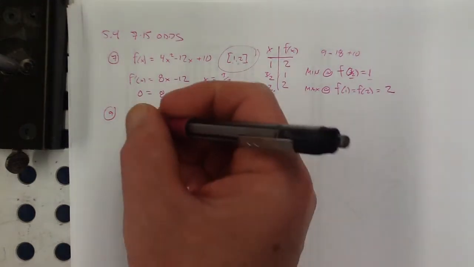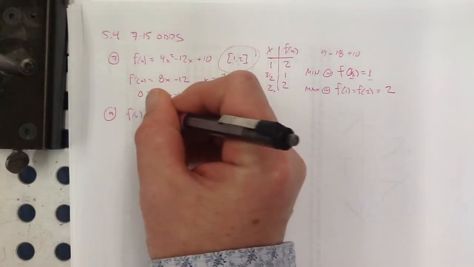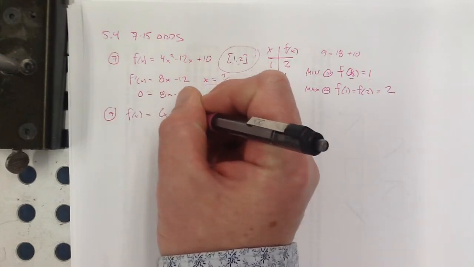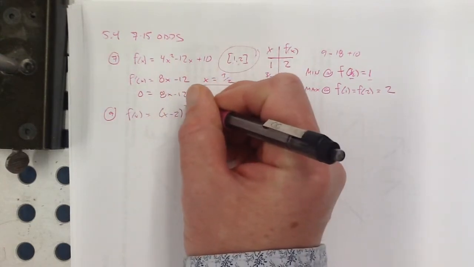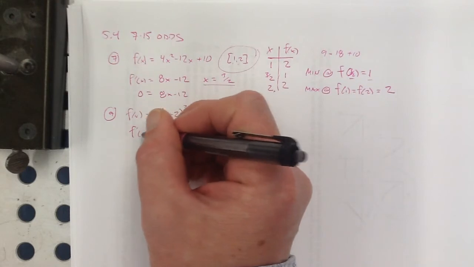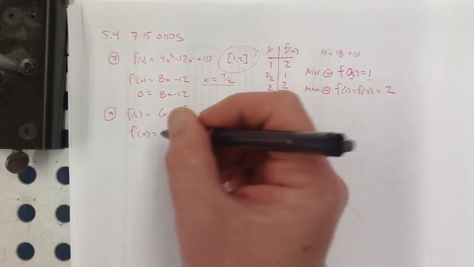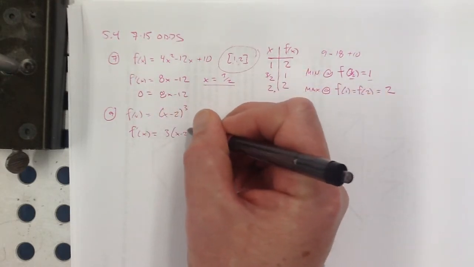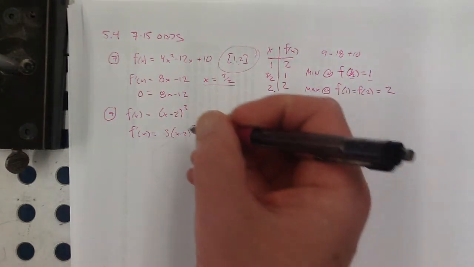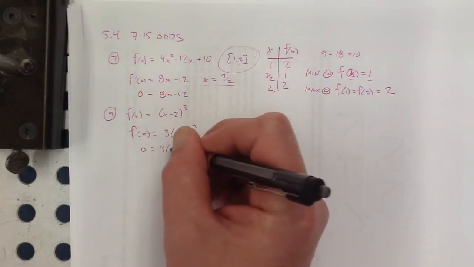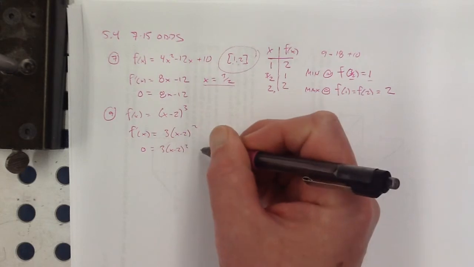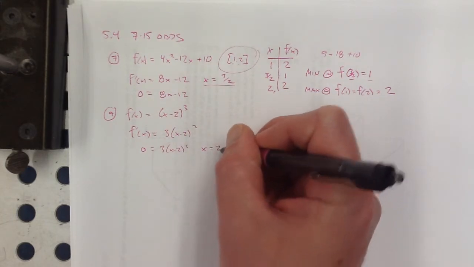So I got x minus 2, all cubed. So the derivative there would be 3 times x minus 2 squared, and that's going to be equal to 0 at x equals 2.